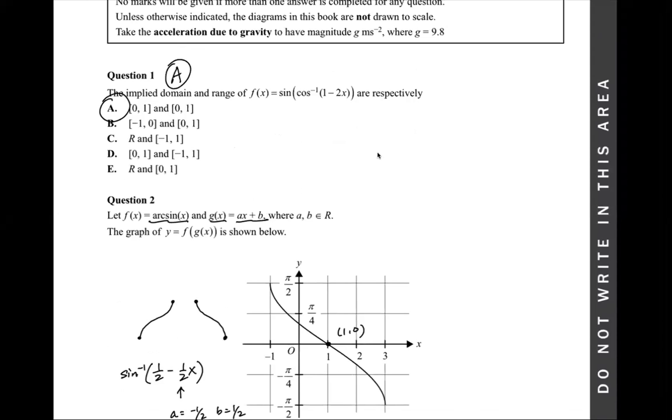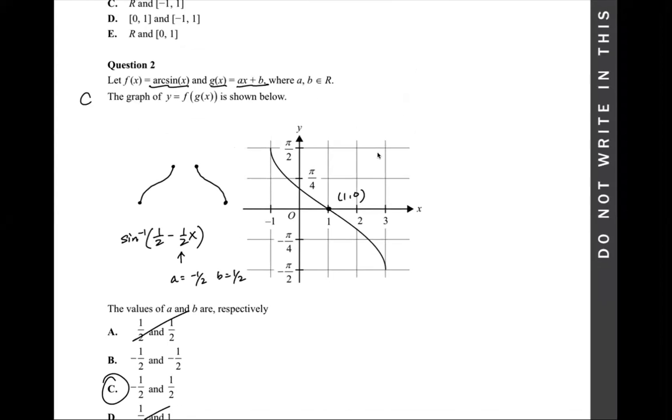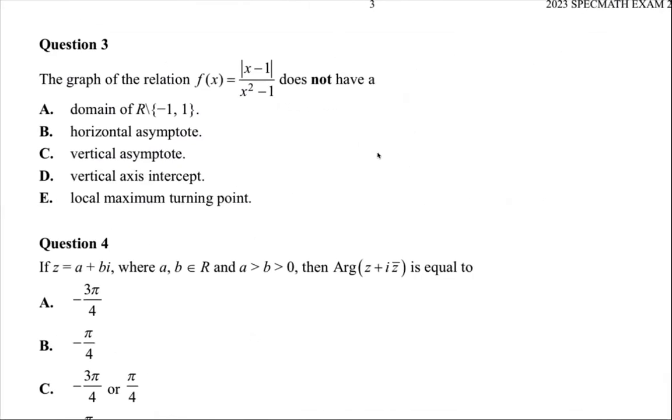Okay, moving on. The graph of the relation f of x equals absolute x minus 1 divided by x squared minus 1 does not have something. So the domain is all real numbers, excluding minus 1 to 1. Horizontal asymptote, vertical asymptote. Well, I believe they have the vertical asymptote because apparently, even though you can cancel out x minus 1, I'm still expecting some sort of a plus or minus 1.